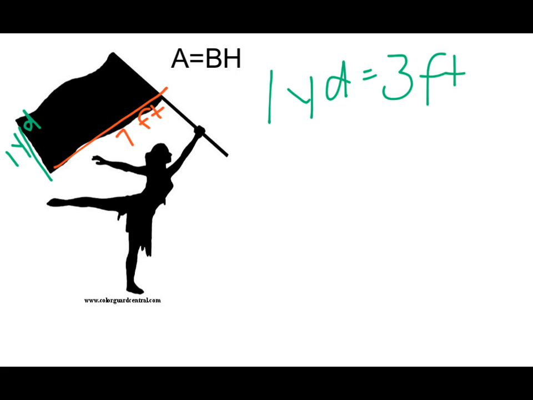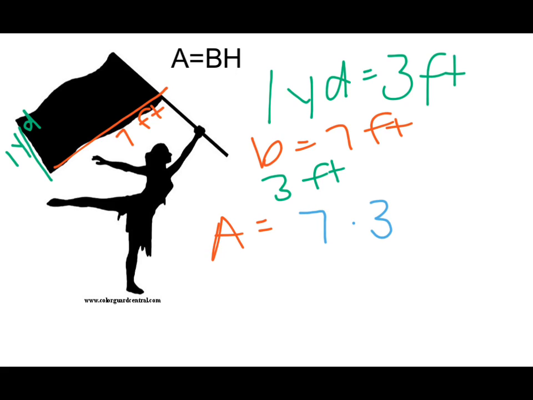So our base is 7 feet, and our height is 3 feet. So our formula is 7 times 3, which is 21 feet squared.